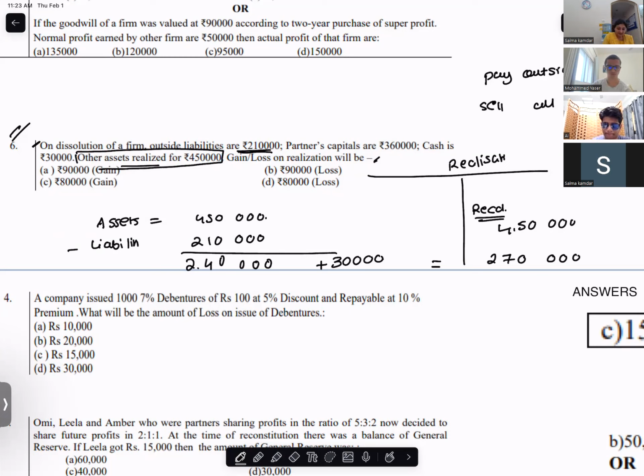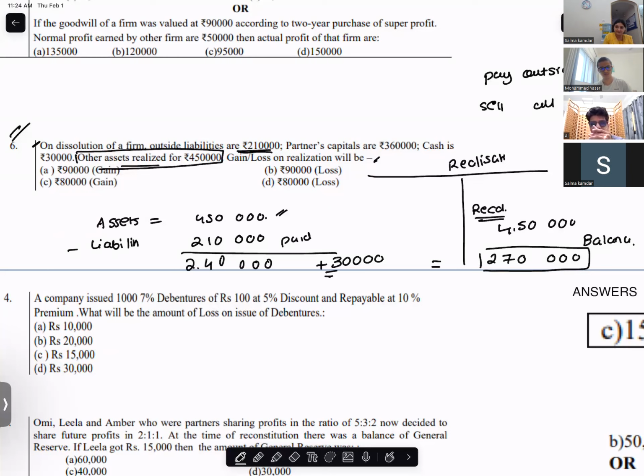Yes, 2,70,000. Partners' capital is 3,60,000. So can you tell me, am I having a profit or a loss? This is the balance money that is left with the firm. They sold the assets, paid the liabilities, and they have cash, so 2,70,000 is left with them.